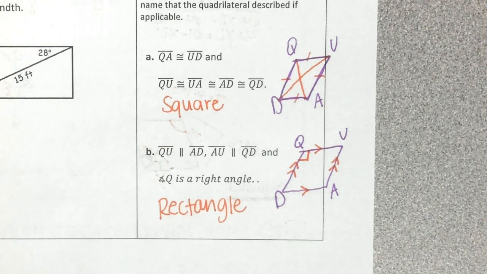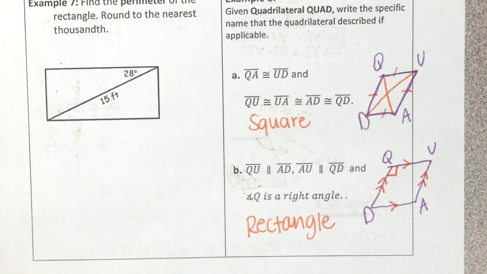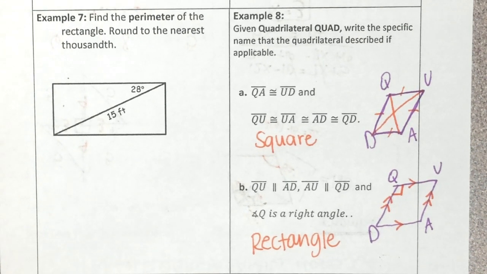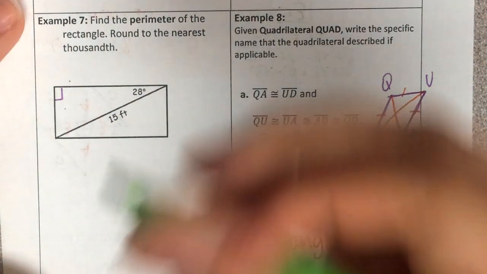Okay? All right, last one we're going to do, and this is like number 10 on your homework that y'all had questions about. How do I find the perimeter? Adding all the sides. I have no sides. I have a hypotenuse and I have an angle. Can I draw a right triangle right here?